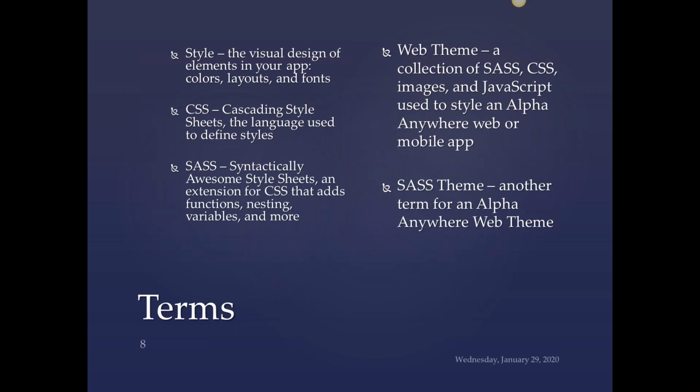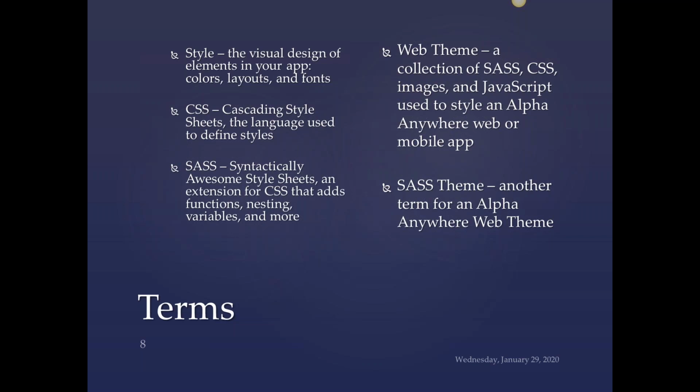SAS is an extension of CSS that lets you do more things, like create functions, nest rules or add variables, which makes it easier to maintain your themes as you build them from the low level. It also allows us to provide a one-click option to change a color globally throughout your application.